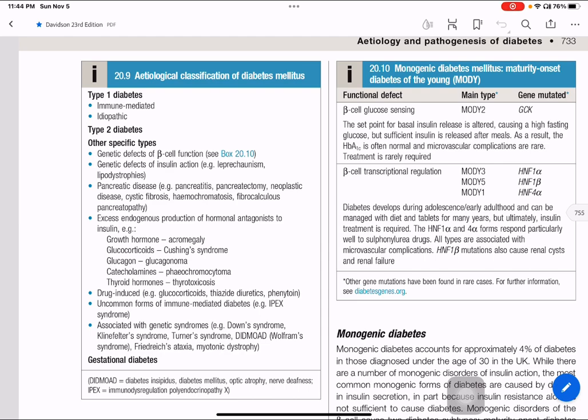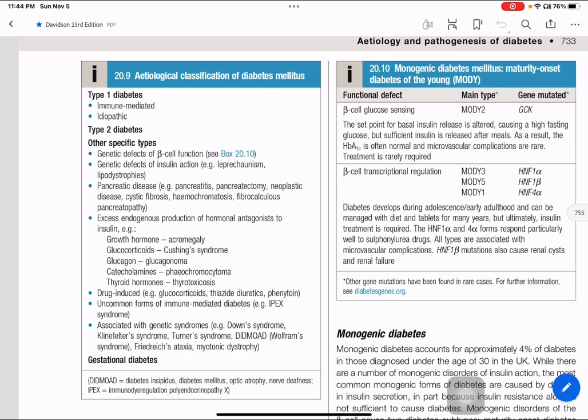The other types are very different from type 1 and type 2, like genetic defect of beta cell function, genetic defect of insulin action, and pancreatic disease, like chronic pancreatitis, malignancy, pancreatic carcinoma, or pancreatectomy, where there is an operation in the pancreas, or iron deposition in the pancreas like hemochromatosis.